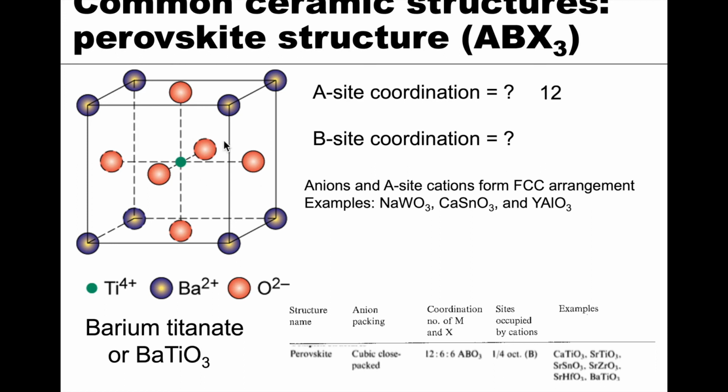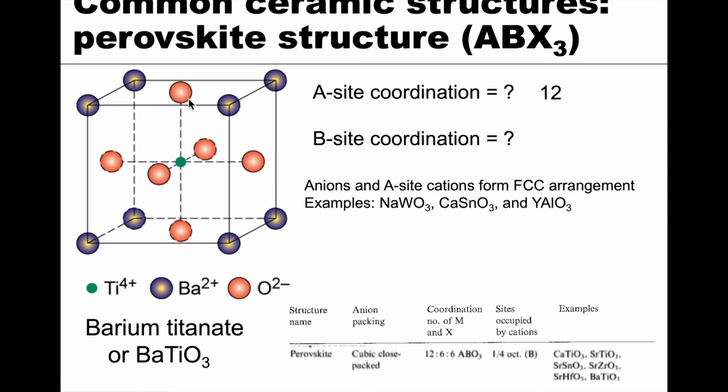So that would be oxygens here. So let's look at this top forward barium 2+ here. And so it's going to be touching this oxygen, this oxygen, this oxygen. So that's what we can see.